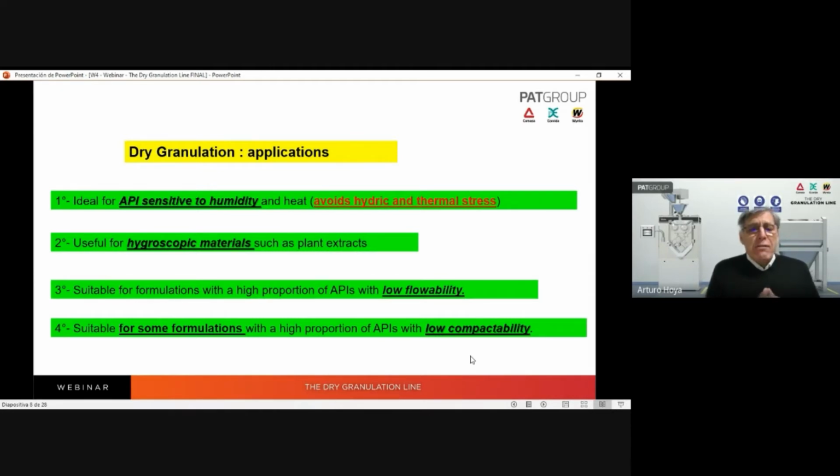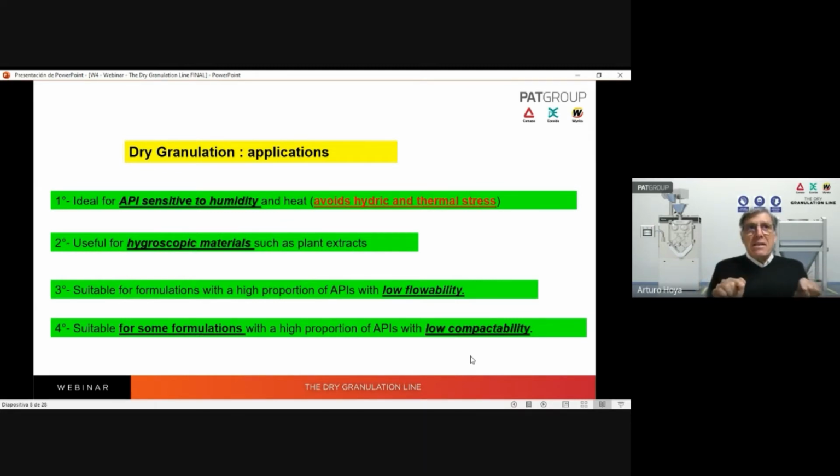So, why do I say for some formulations? Because when the API is in high proportion, but the API has plastic deformation, not fragmentation.